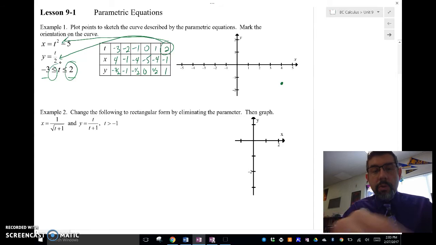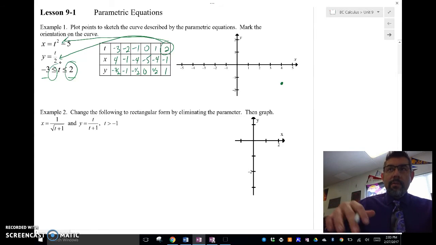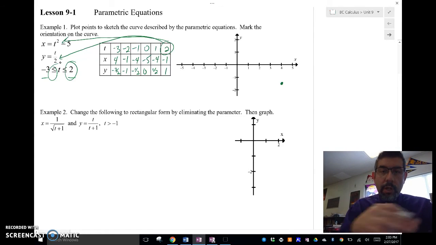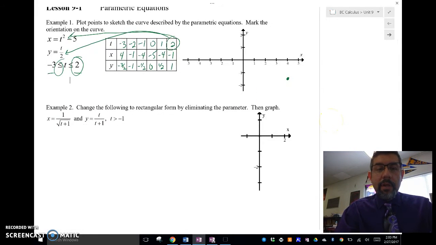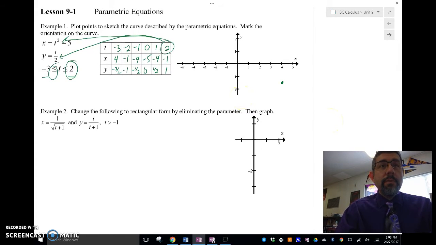Let's just go through these points because it's the trajectory we're going to go in, -3 to 2 in terms of t. So let's go to -1, -1. So that's going to be here. Okay, so then we're going to draw the curve there.